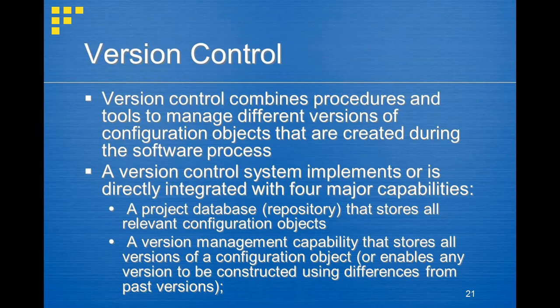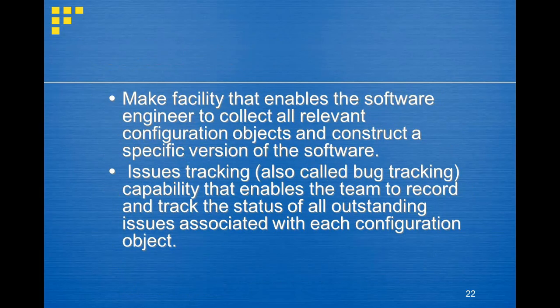And the next one is version control. When it comes to version control, it combines different types of procedures and tools that can be managed easily. And when it comes to the repository, it stores each and every module of data that can be given as input to the database.